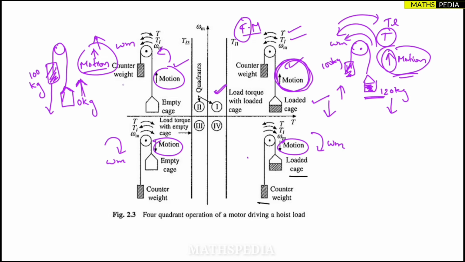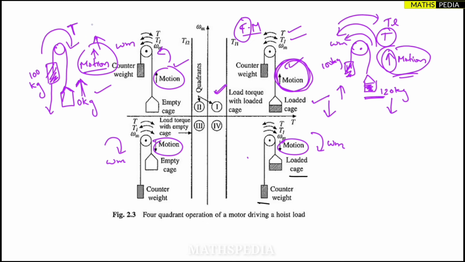In order to stop, in order to limit the speed of the empty cage, I need a braking mechanism. That's why I'll apply the motor to run in the opposite direction. Torque will be applied in the opposite direction. Why am I applying it in the opposite direction? Because I have to resist the speed to some certain limit.